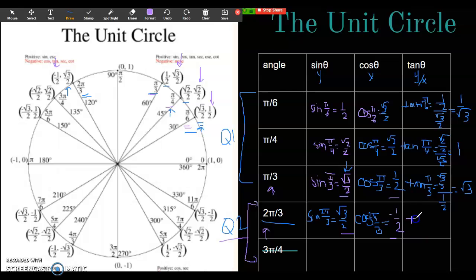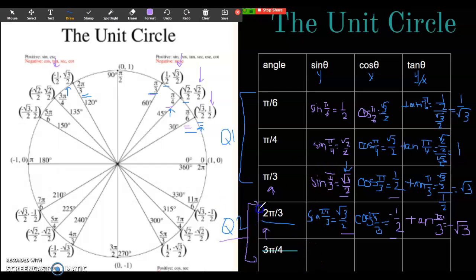Can you take a guess at what the tangent of 2 pi over 3 is going to be? Well, you're right. It's going to match the tangent of pi over 3, except in quadrant 2, we know tangent is negative. So instead of radical 3, it's going to be a negative radical 3.